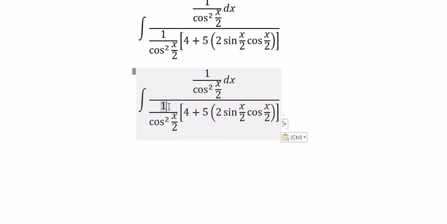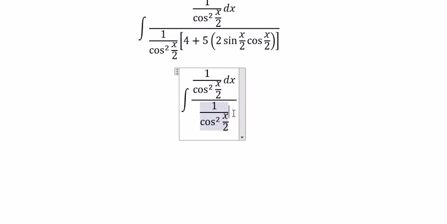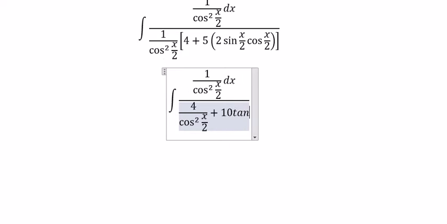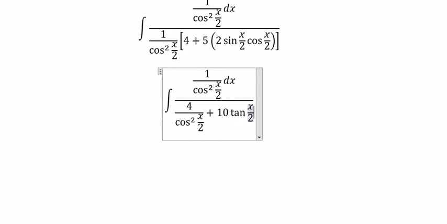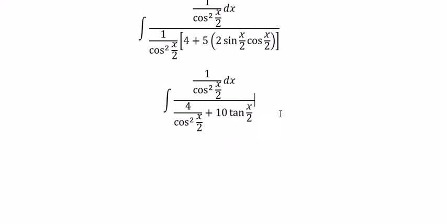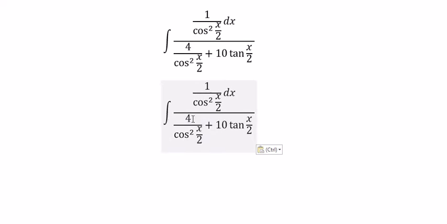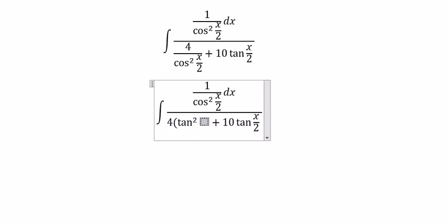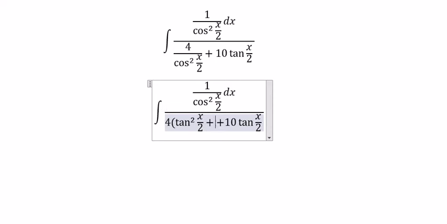So we have 4 over cosine x over 2 square, and this one you got 10 sine tan x over 2, because this one simplified with cosine x over 2, sine x over 2 divided by cosine x over 2, that's why you got tan x over 2. And this one we got 4 plus tan x over 2 square plus 1.